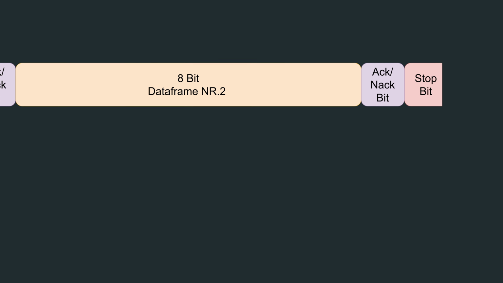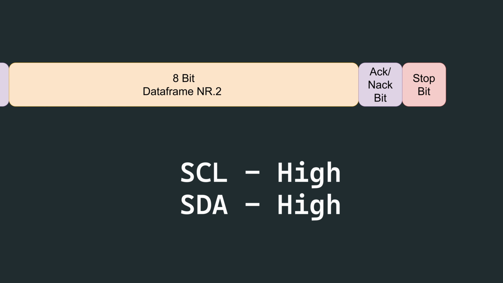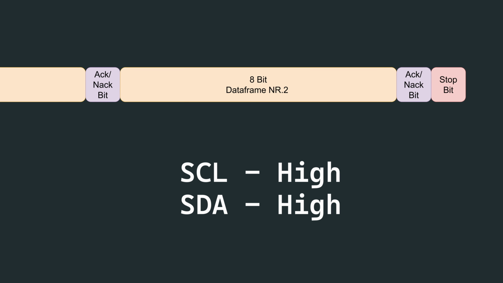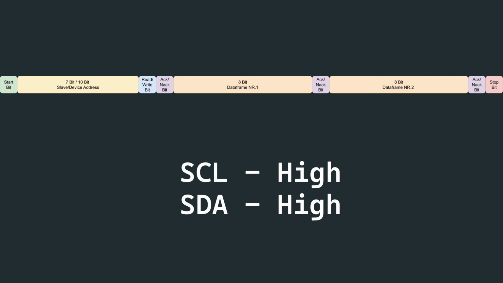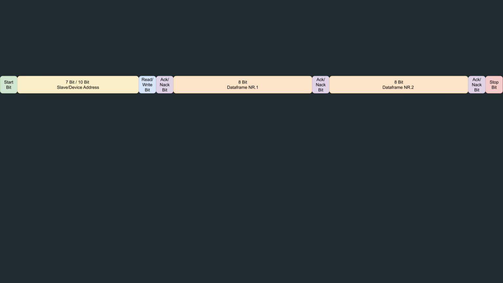Finally, the communication ends with a stop condition, where the master releases both SCL and SDA lines, so they both rise to their nominally high level again. This signals the end of the data transfer and indicates that a new communication can begin.